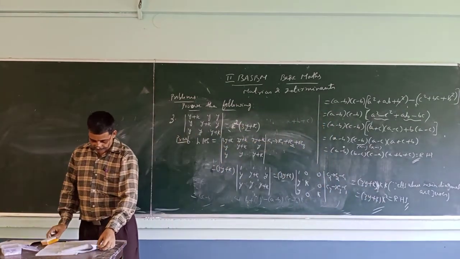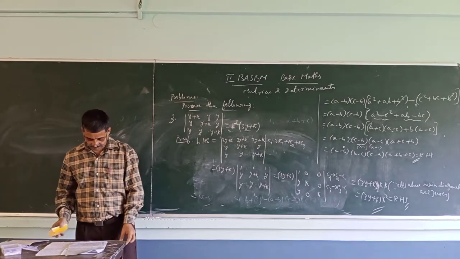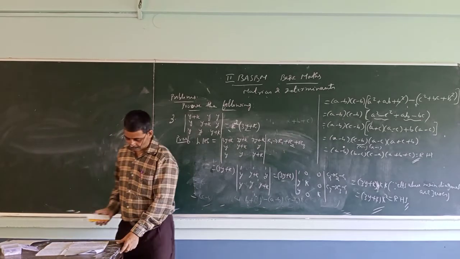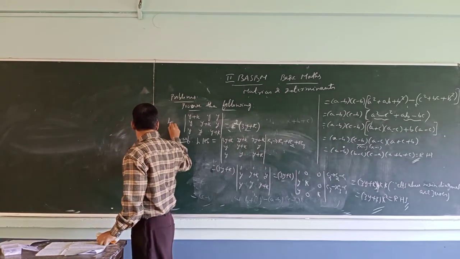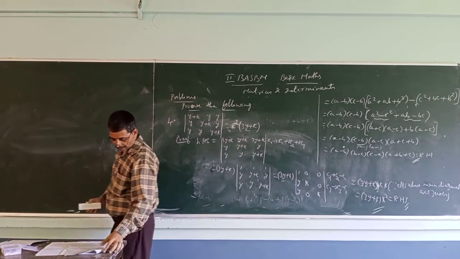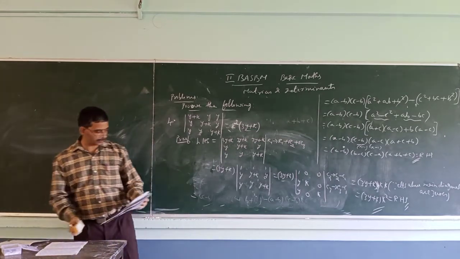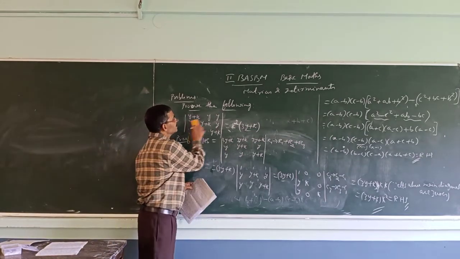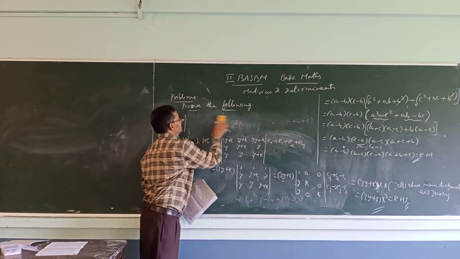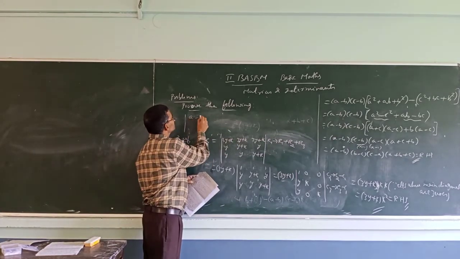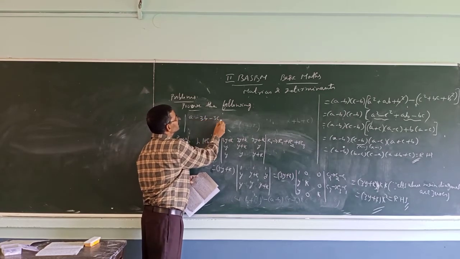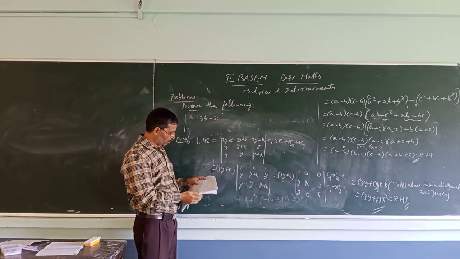So next one, similar type. Fourth one. Determinant of a minus 3b minus 3c, a minus 3b minus 3c, 4b, 4c.